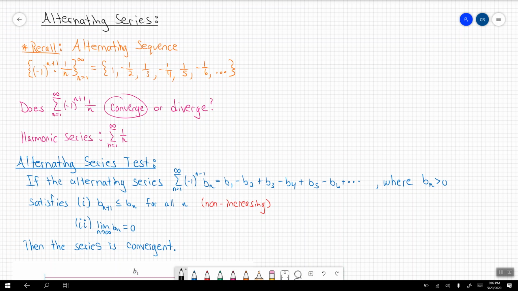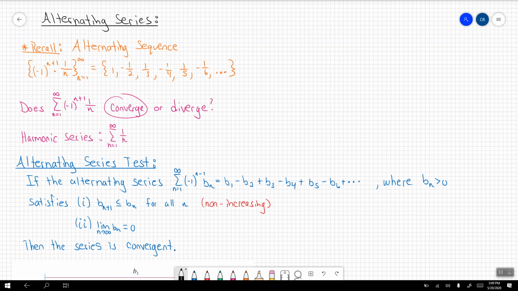And then this says where b sub n, in other words that explicit formula, is going to be greater than 0, as long as it satisfies these two conditions. Number one, that it has to be non-increasing. So all of the individual terms that we're going to be identifying here for this explicit formula for b sub n's, they all must be non-increasing.